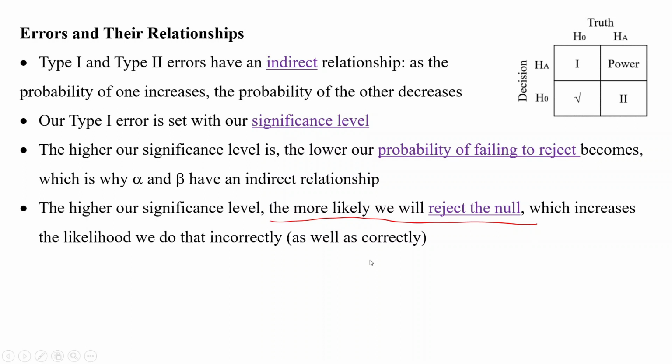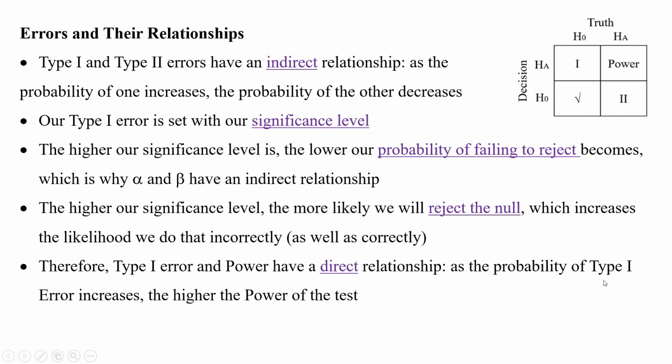Because of this relationship, type 1 error and power have a direct relationship. So as the probability of a type 1 error increases, the higher your power of the test becomes.